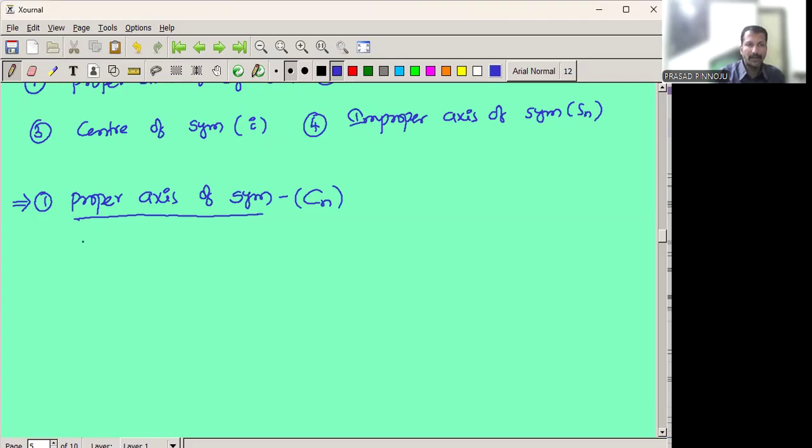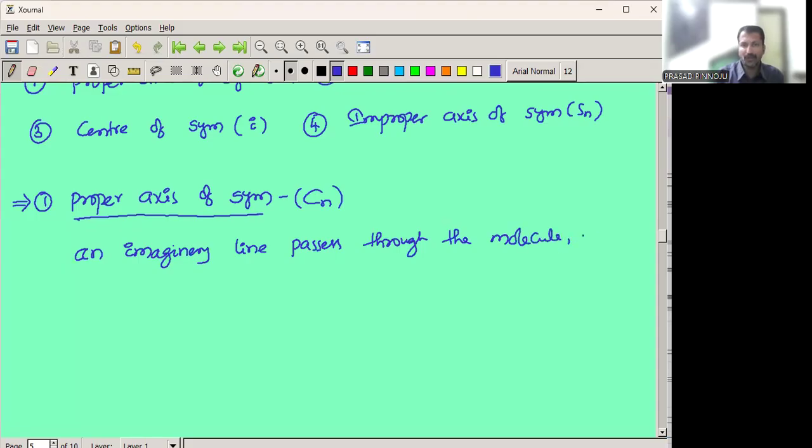Its own rotation. Okay. Here, I'm going to take an imaginary line that passes through the molecule.